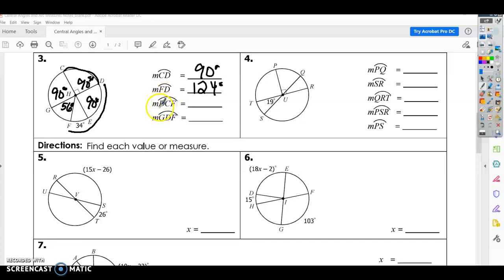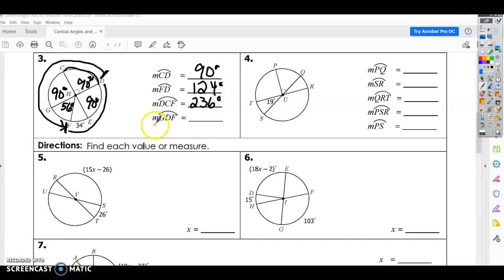So we're going to do arc DCF. So if we go D to C to F. So it goes from here to here. So we can do 360 minus 90 minus 34. 360 minus 90, 270 minus 34 is going to be 236.